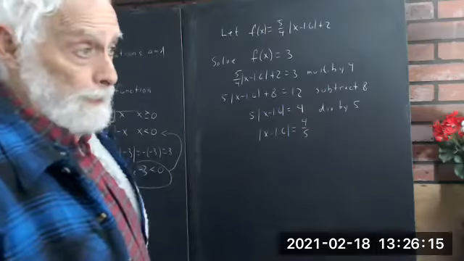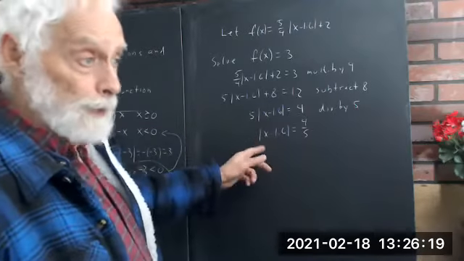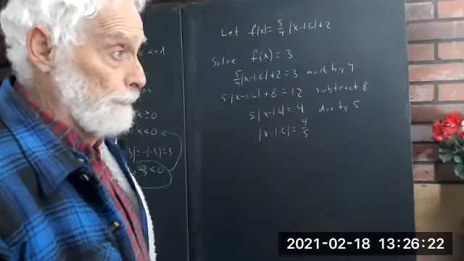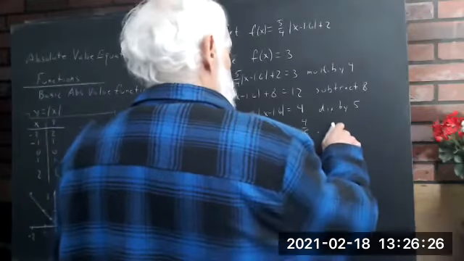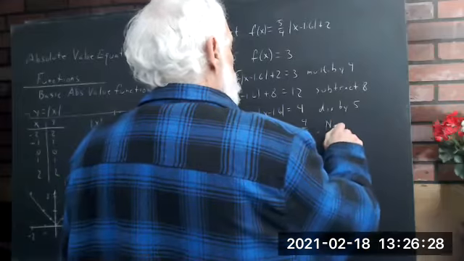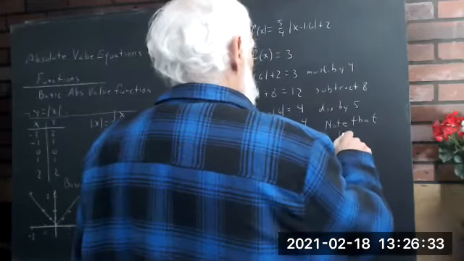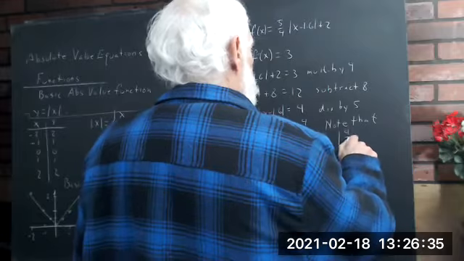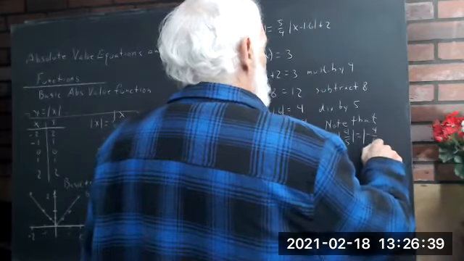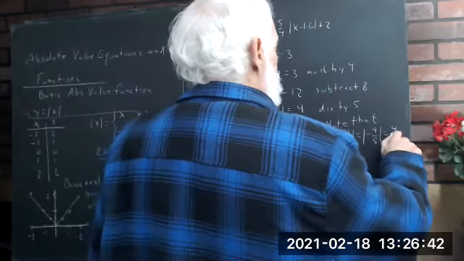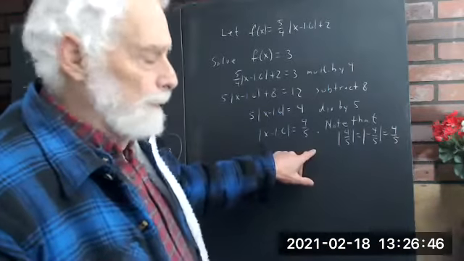Now, what this means is that either x minus 1.6 is equal to 4/5 or it's negative 4/5. There are two ways this can equal 4/5.